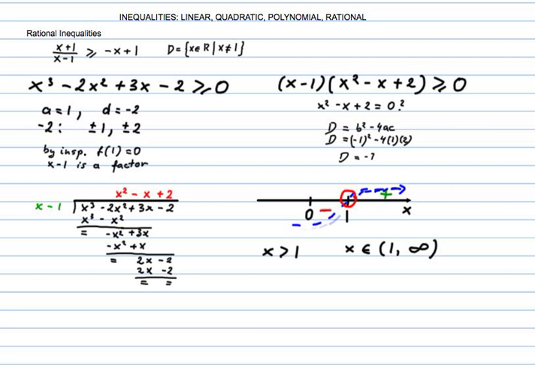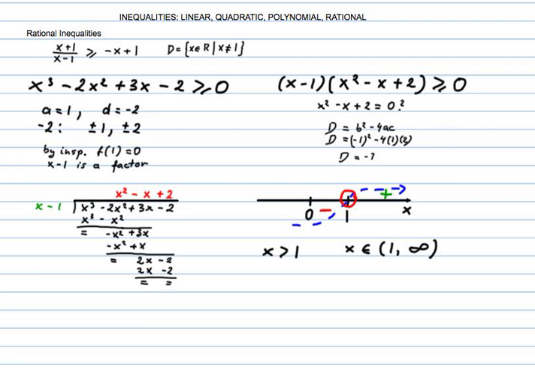Our inequality says find a solution to this product where it is greater than or equal to 0. Since the only x-intercept is at 1, and 1 would be included in our statement, but it cannot be, the reason being it's not part of the domain. So this is why, as I said in the beginning, sometimes you don't include the endpoint for your final statement, because you have to cross-examine with the domain.